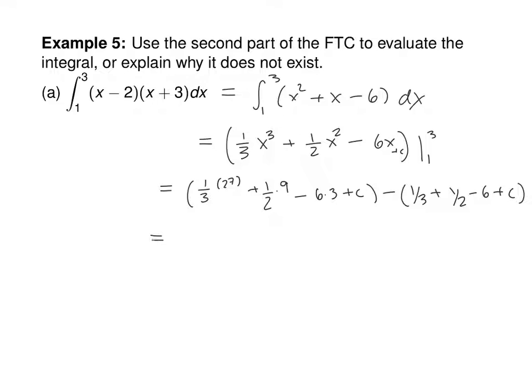Okay. So arithmetic, oh, the bane of my existence. 1/3 times 27. 9. 9 halves, leave as a fraction, right? 6 times 3? And then minus 1/3 minus 1/2 plus 6.